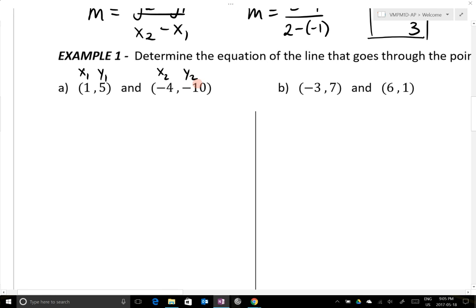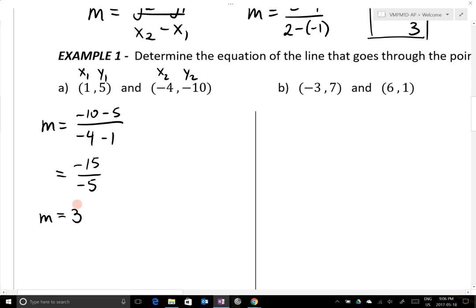So my slope, m, is going to be y2 minus y1, so -10 minus 5, divided by -4 minus 1. -10 minus 5 is -15, and -4 minus 1 is -5. And -15 divided by -5 is +3.